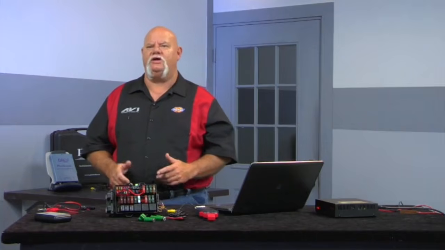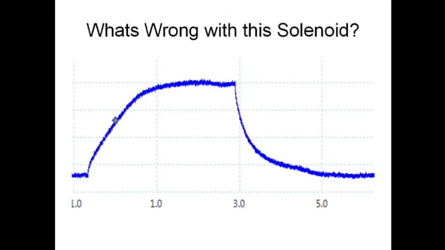The next slide that we have here comes with the question, what's wrong with this solenoid? It doesn't take very long to look. It could be a fuel injector, it could be a solenoid. It didn't open. I have no defined opening point. So even though I may have current flow through the solenoid or the injector, I did not have mechanical movement.